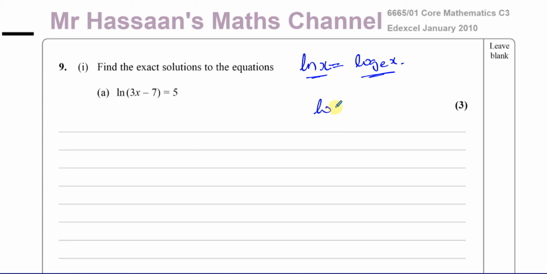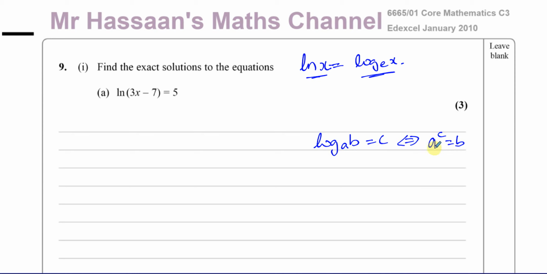And we know from the understanding of what a logarithm is, if log to the base a of b equals c, I can rewrite this in index form. In index form, a is the base, c is the power, and b is the result.